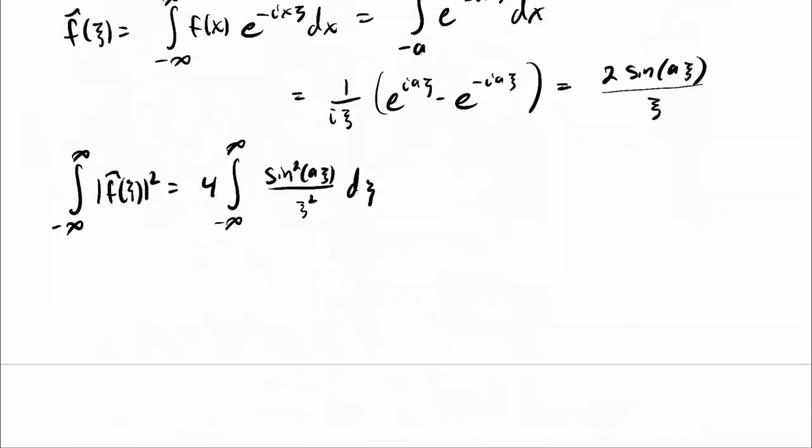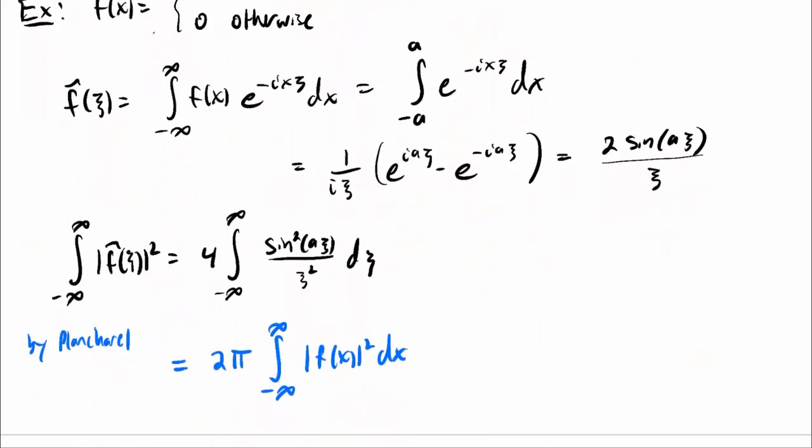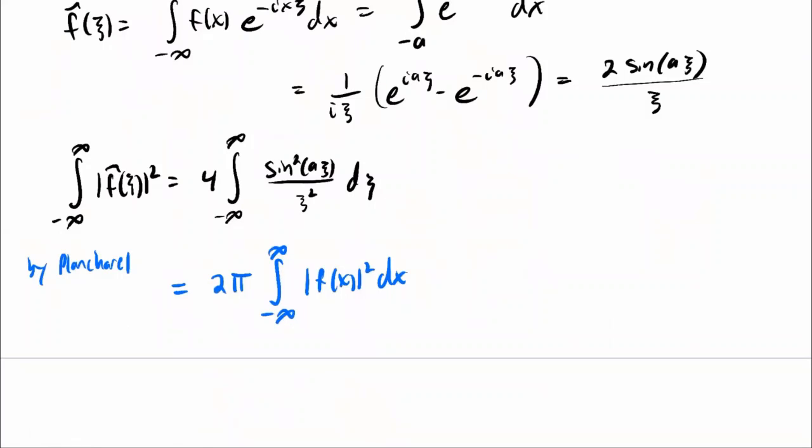So by Plancherel, this is equal to 2 pi times the integral from minus infinity to infinity of the original function f of x squared dx. But this function is easy to integrate. f of x is equal to 1 between minus a and a, and 0 otherwise. 1 squared is just 1 and 0 squared is 0.